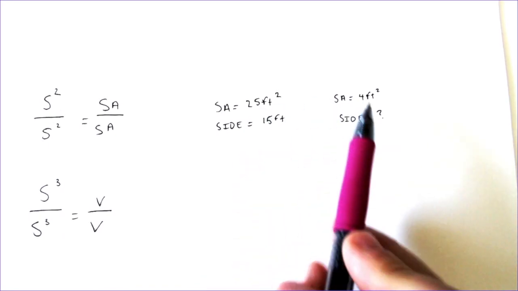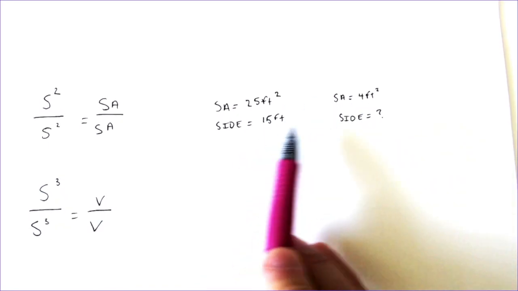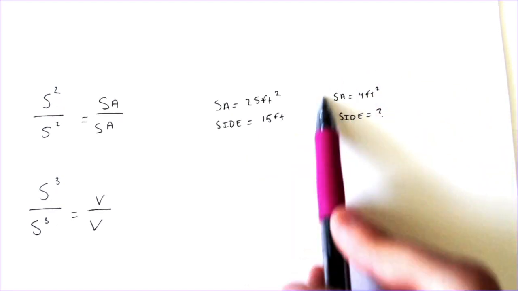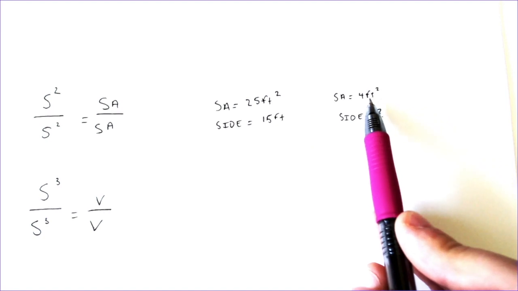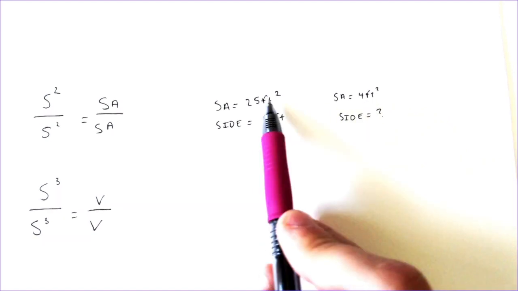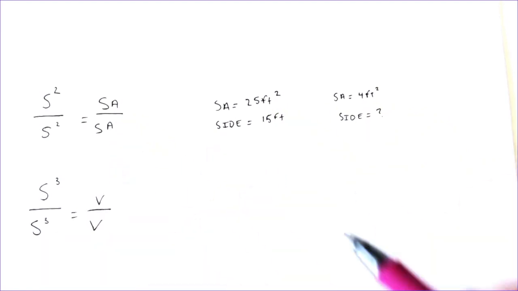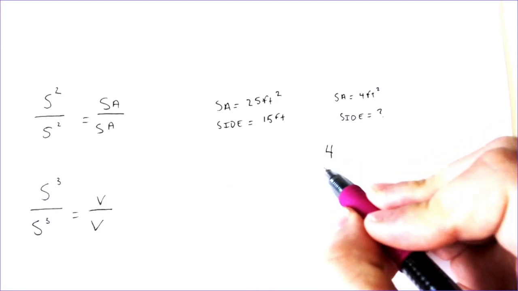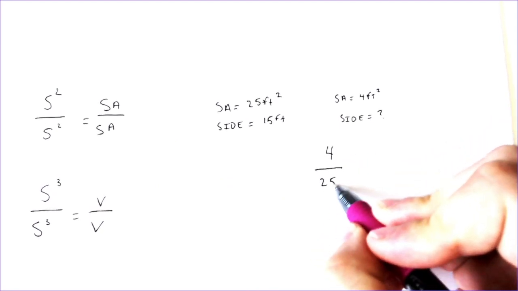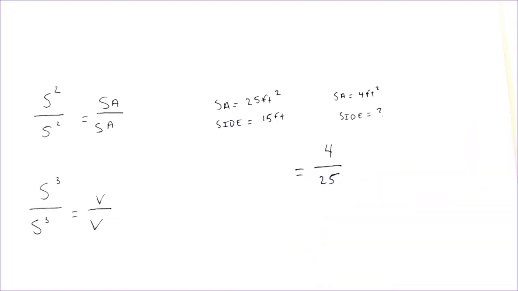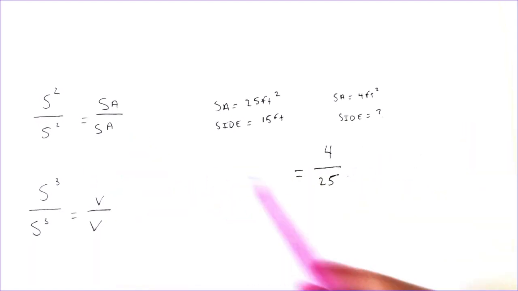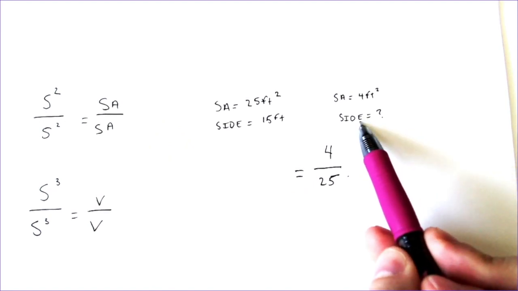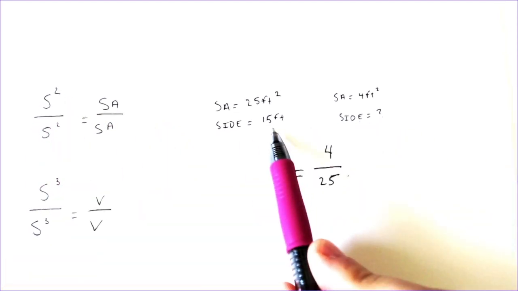So I'm going to start off with the sides that I have here. And I realize that this is the smaller shape because 4 is smaller than 25. So I'm going to put the 4 over the 25 for the surface area parts. So I got 4 over 25 for the surface area over surface area, SA over SA, and that is going to equal the side squared over the side squared.